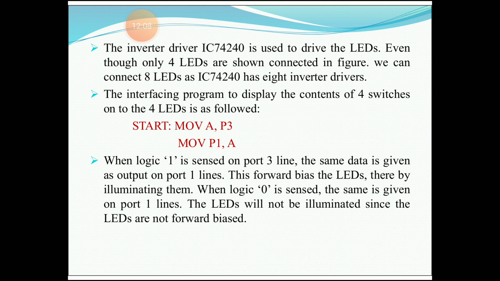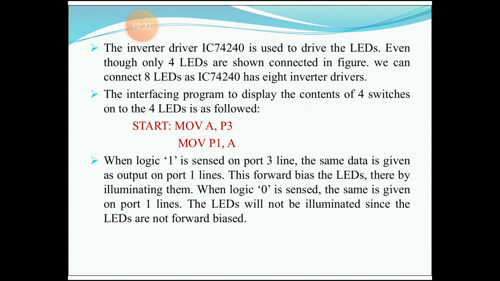There are 2 instructions required. The first instruction reads the switch conditions from port 3 and loads them into the accumulator using MOV A, P3. This instruction reads data from the switch positions and stores it into the accumulator.